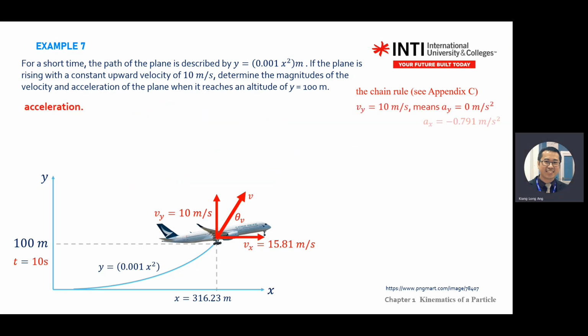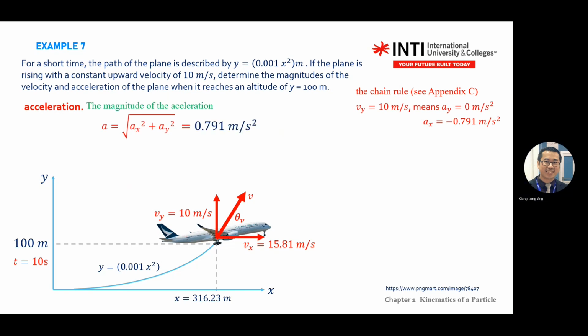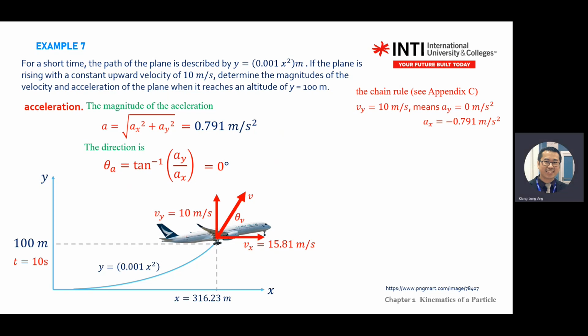Once you get your ax, you can find the magnitude from ax and ay. Acceleration in y is 0 because velocity is constant. The direction is also 0. You don't have acceleration in the y direction, you only have x acceleration, so the angle is 0.